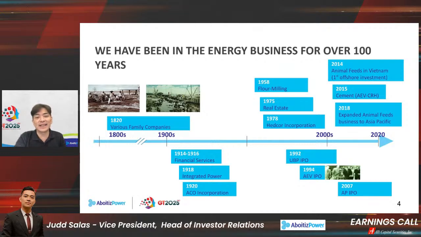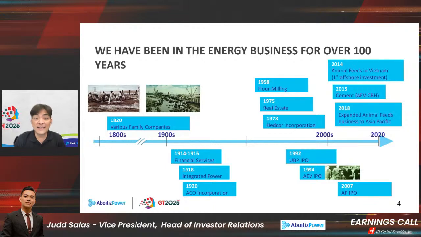In 1978, we incorporated a company called Hedcor, which pioneered the building of run-of-river hydros in the Philippines. I worked in this company. So our heritage in the generation business is actually in the RE space.